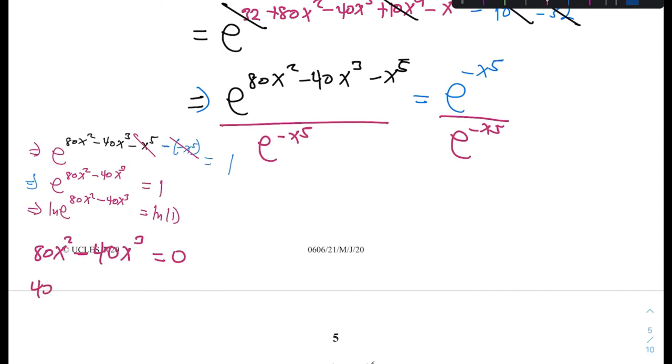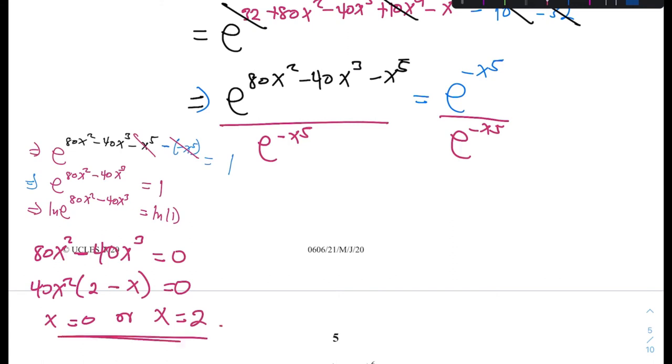Right, so we can factor out 40x squared. So you are left with 2 minus x equals 0. That means that x is equal to 0 or x is equal to 2. All right, so these are your 2 x values.